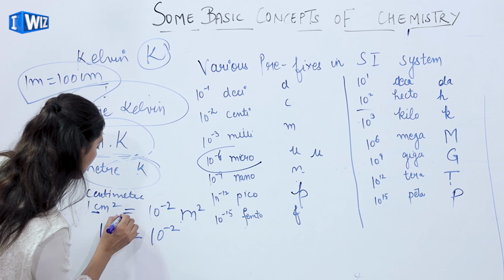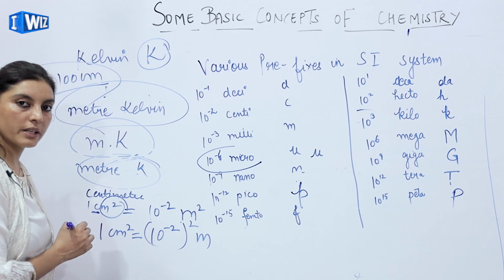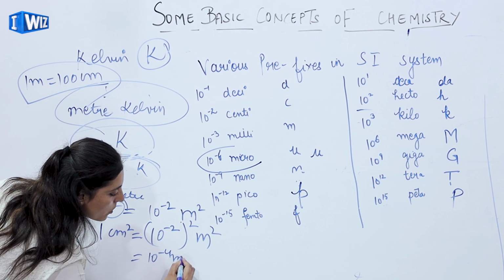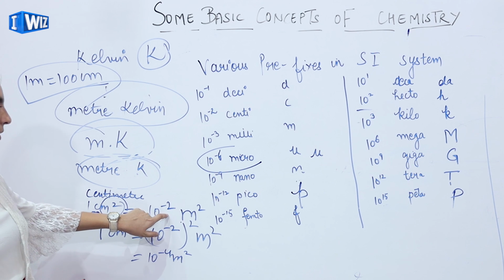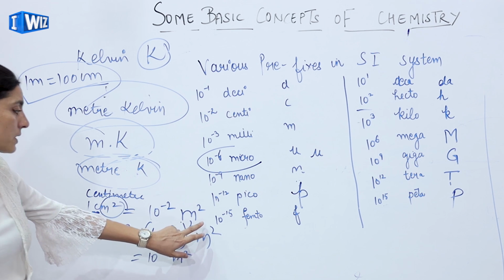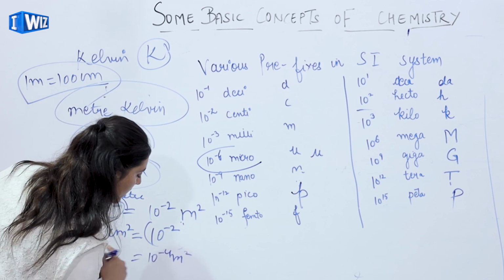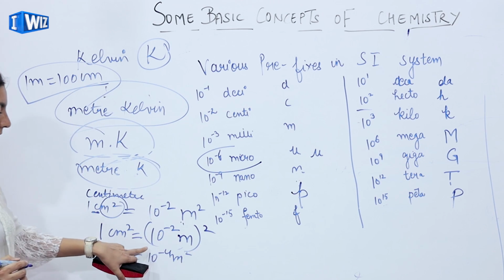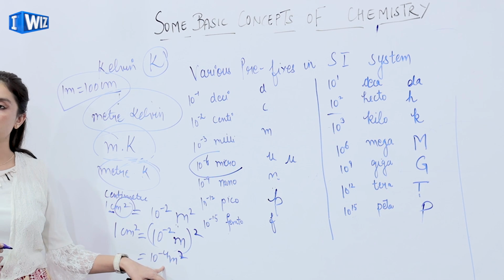And when I talk about the square meter, can I write it raised to the power 2 and square meter? And hence it will be 10 raised to the power minus 4 square meter rather than minus 2. Is it clear? First of all, I mentioned the centi, which is 10 raised to the power minus 2, but because it was a square centimeter, it will go with the square of this particular one, and hence 10 raised to the power minus 4 square meter.